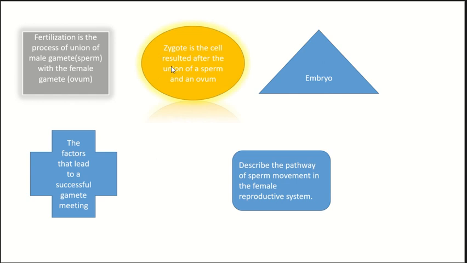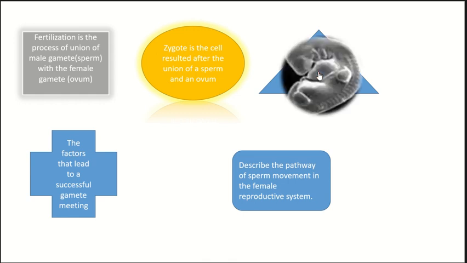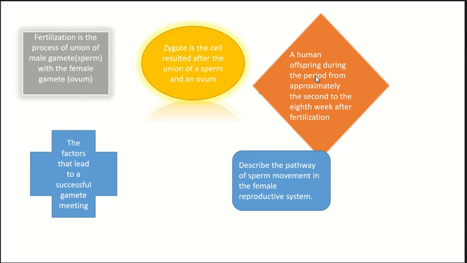What is the zygote? A zygote is the cell resulting from the union of a sperm and an ovum. An embryo, this is the picture of an embryo, and it is a human offspring during the period from approximately the 2nd to the 8th week after fertilization.